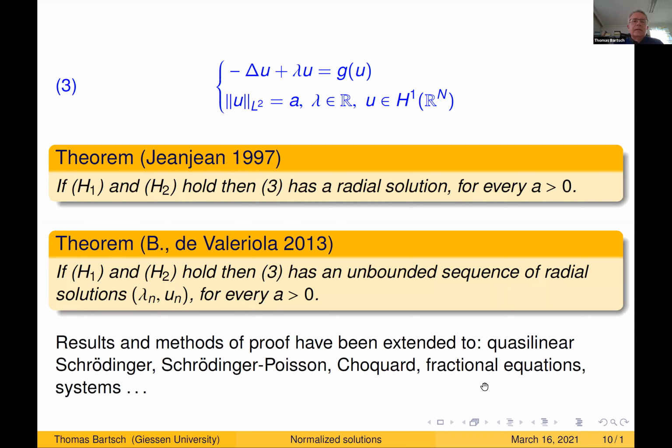So let me give you a short sketch of the proof of this result of Jeanjean, because some of the methods will appear also later, and one can see already the difference to the problem when one does not prescribe the L2 norm, but prescribes lambda, and the L2 norm is free.